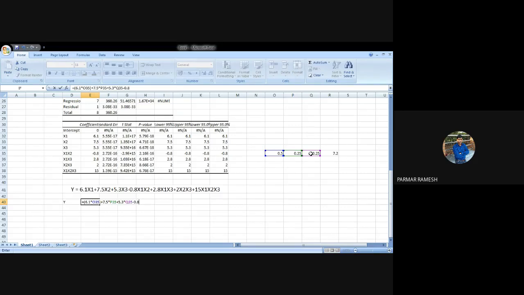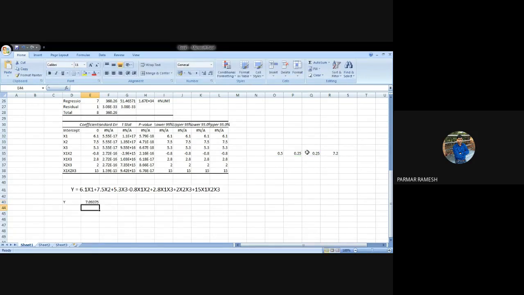Minus 0.8 times x1 multiplied by x2, plus 2.8 times x1 multiplied by x3, plus 2 times x2 multiplied by x3, plus 15 times x1 multiplied by x2 multiplied by x3.